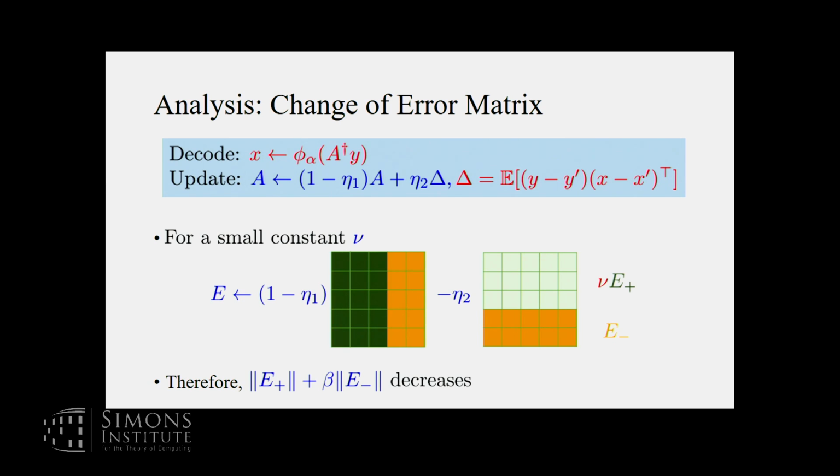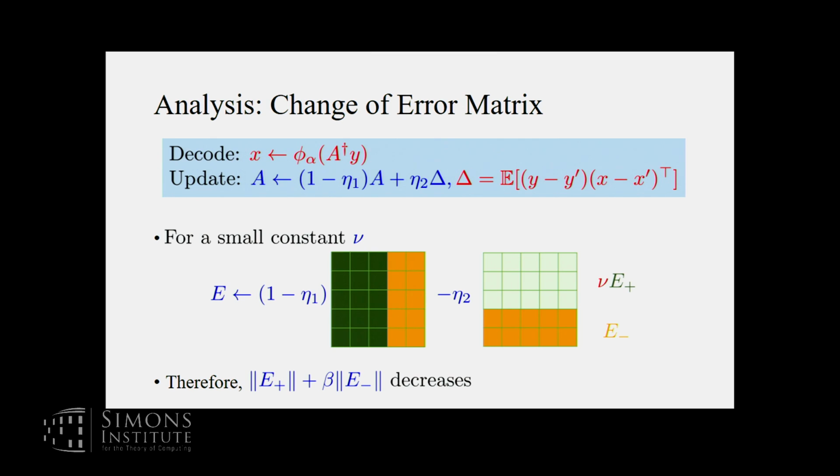The green stands for the positive entries in the arrow matrix, and the yellow one stands for the negative. Of course, I just made them into two parts, but they can be scattered around, just for simplicity. It turns out that the update direction, this delta matrix here, has a very specific form.